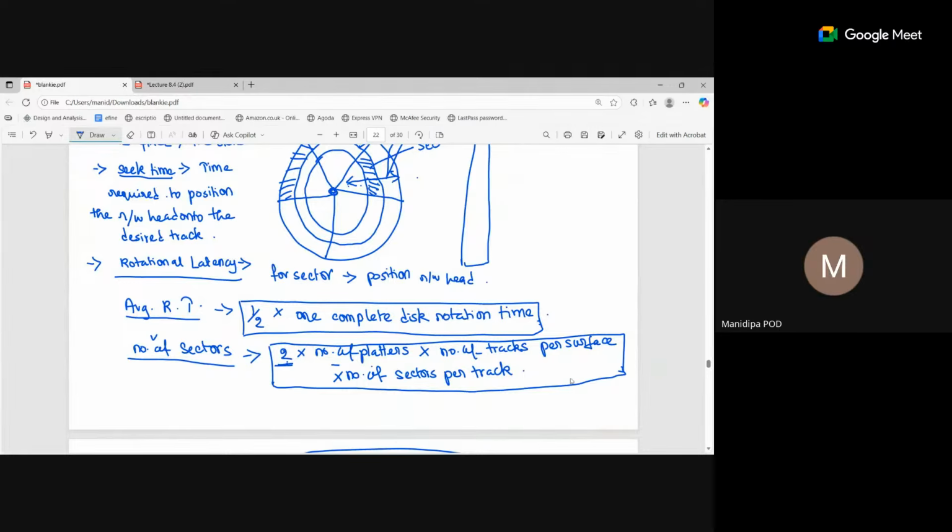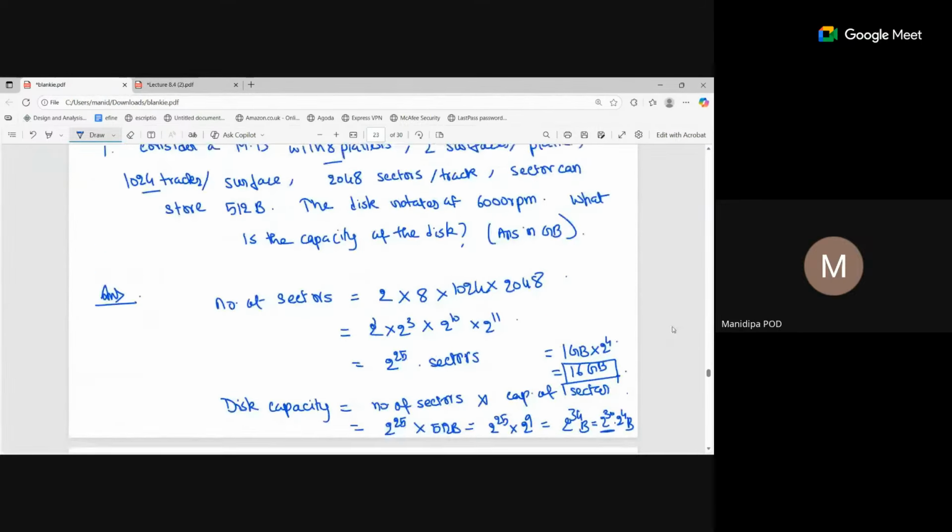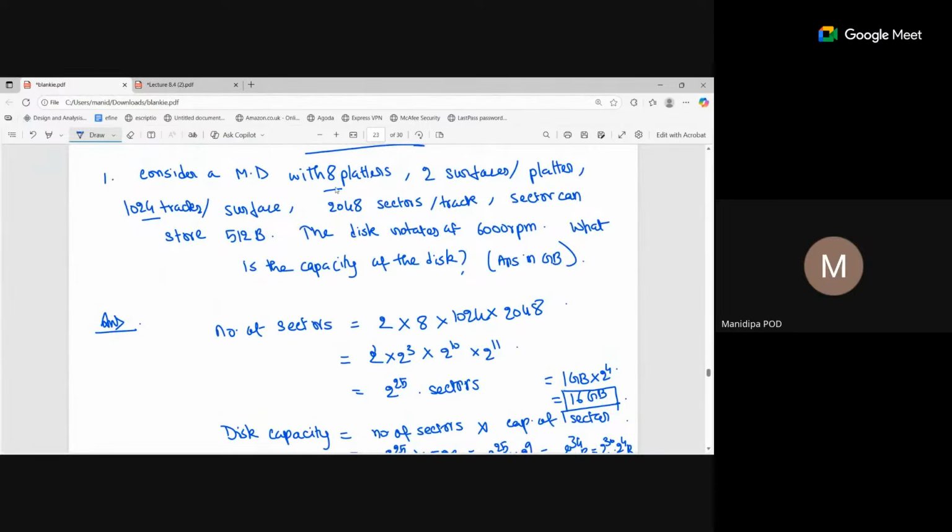So just use this formula in this question. The question is asking for disk capacity, which is number of sectors into capacity of one sector. Sector is the smallest unit of storage. So number of sectors you first find out. Here in the question it is given there are 8 platters, 2 surfaces per platter.